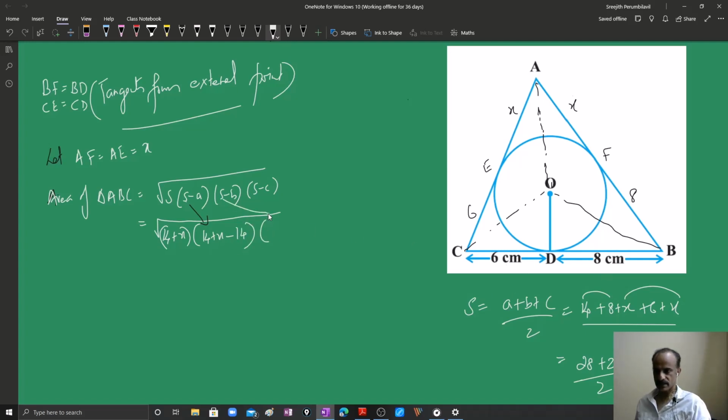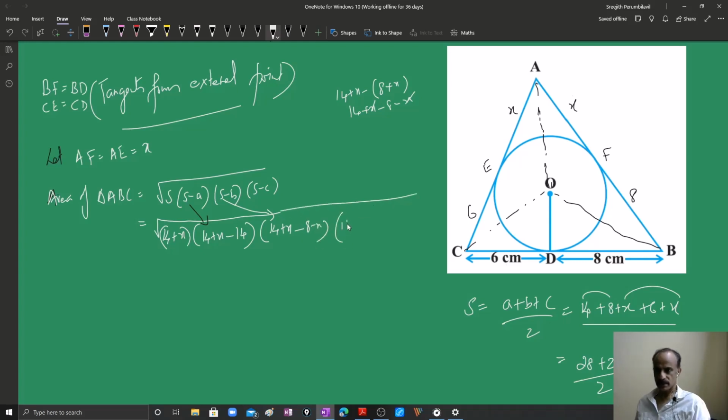Into, again, S is 14 plus X minus the measurement of another side. Within bracket, I have to put the measurement 8 plus X, so we'll get 14 plus X minus 8 minus X. Opening the bracket, X and X cancel. 14 minus 8 will be 6.